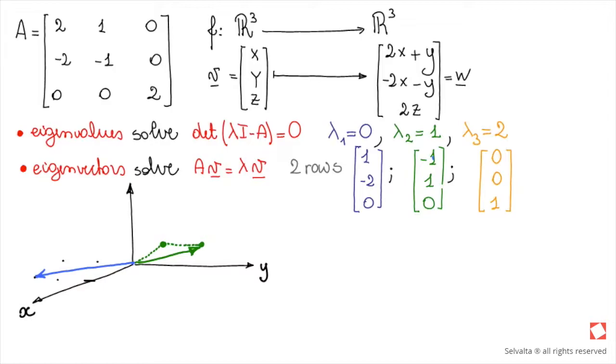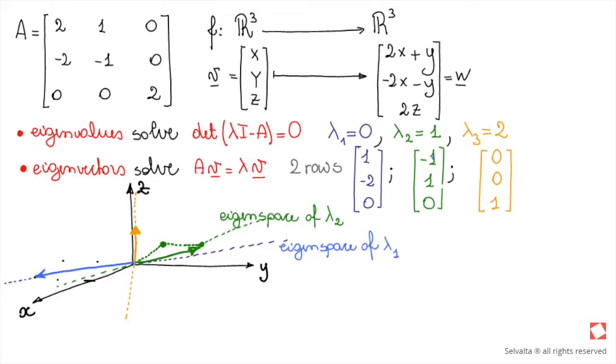And about z, the third eigenvector will have 0 x, 0 y component and only 1 in the z direction, then vertically shifting. We have the 3 eigenspaces. The eigenspaces are the 3 straight lines corresponding to the 3 eigenvectors, the blue, the green, and the orange straight line, which are the 3 eigenspaces.